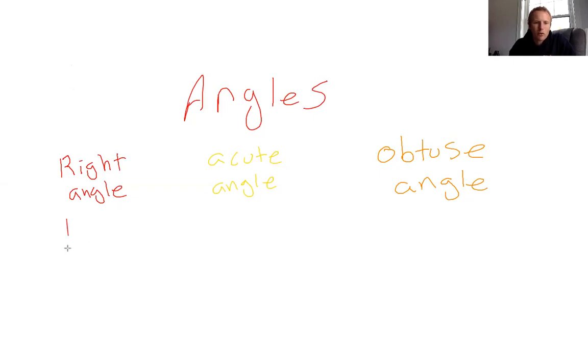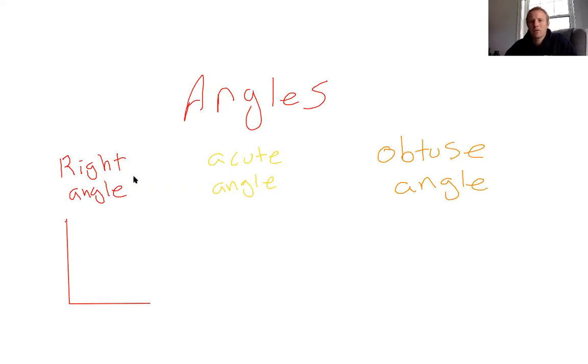It's a perfect square corner. So I'll do my best to draw one of those here. So that's one right there. If you think of the corner of an index card, it's that perfect pointy corner that's just like a square corner.